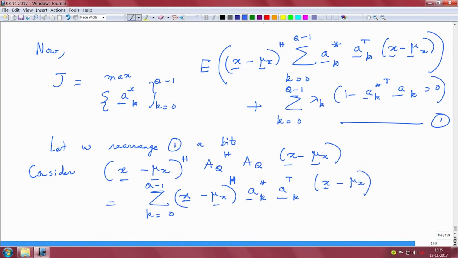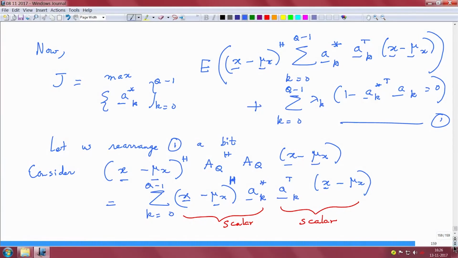Now it is very important to recognize the fact that this is a scalar and this is a scalar, and you are taking two scalars, multiplying them and adding them.